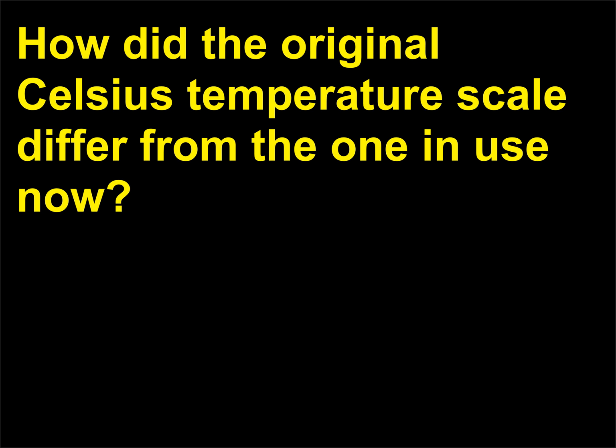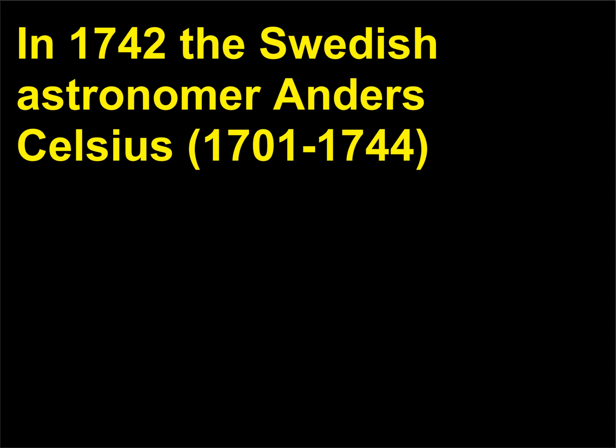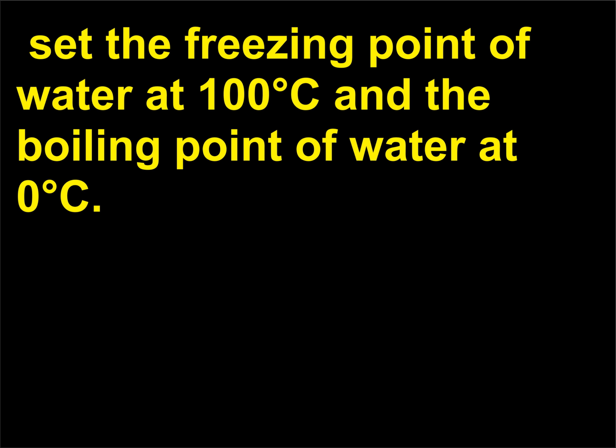How did the original Celsius temperature scale differ from the one in use now? In 1742, the Swedish astronomer Anders Celsius (1701 to 1744) set the freezing point of water at 100 degrees Celsius and the boiling point of water at 0 degrees Celsius.